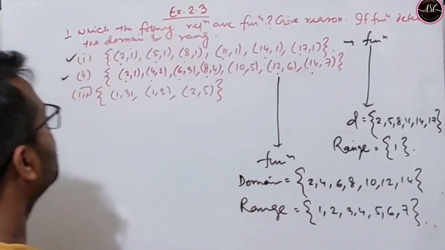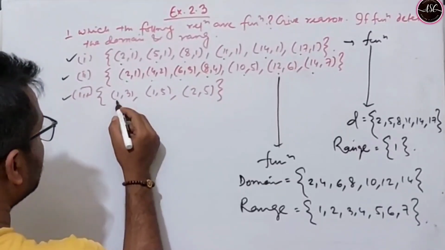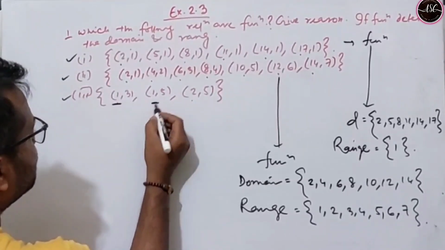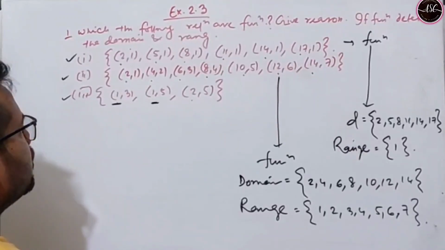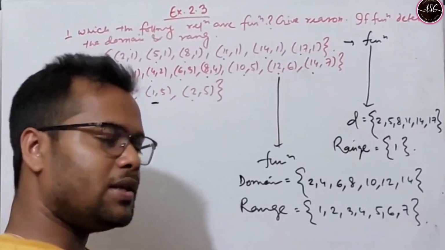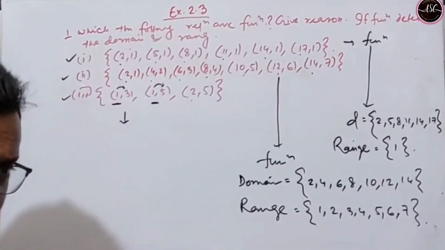Okay, so now doing the third question. Now just look. Here the first element 1 is also repeated in the second pair. So this is not a function. Here the image of 1 is 3 and also the image of 1 is 5. So here are 2 images.